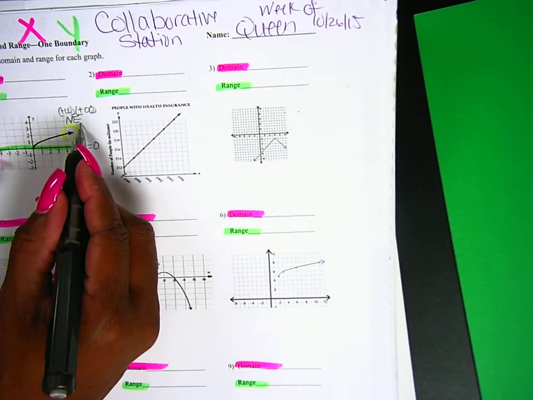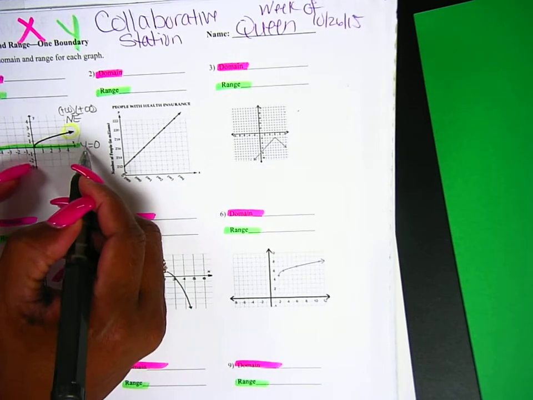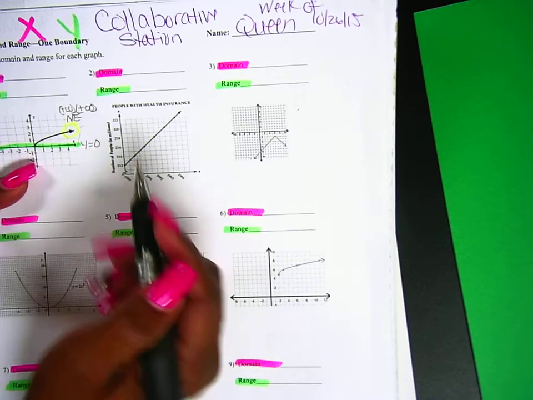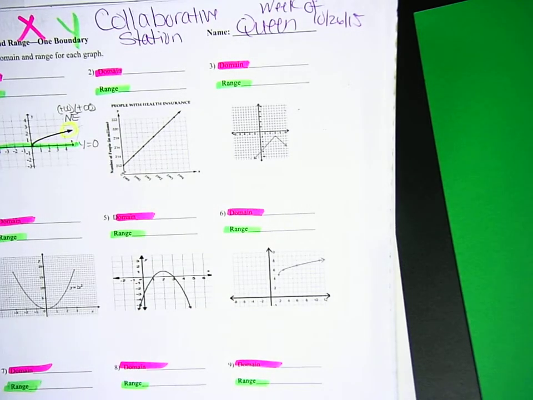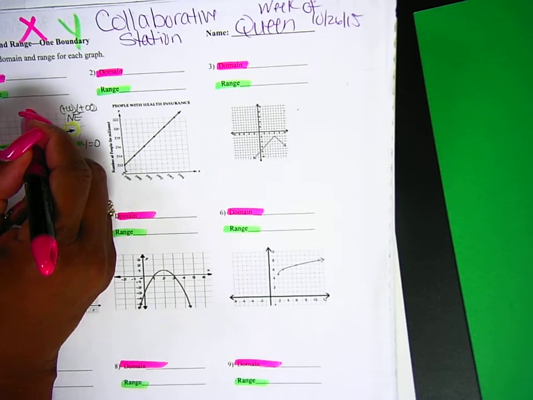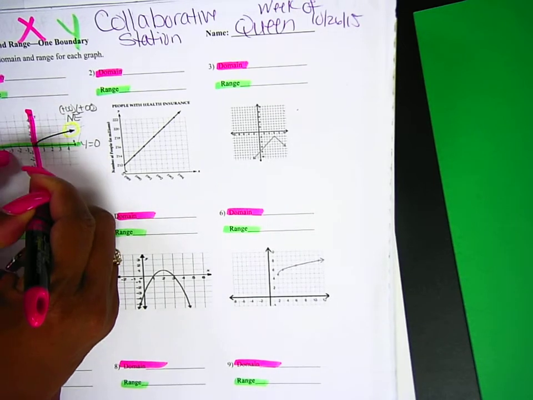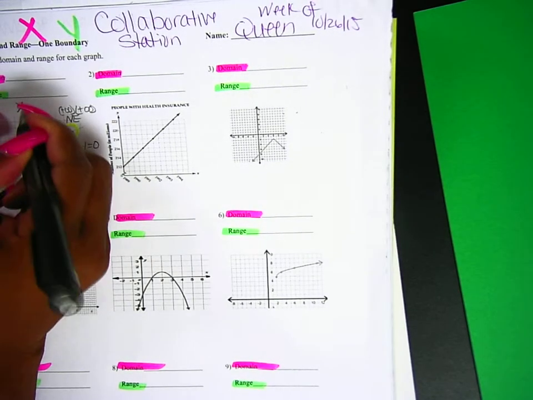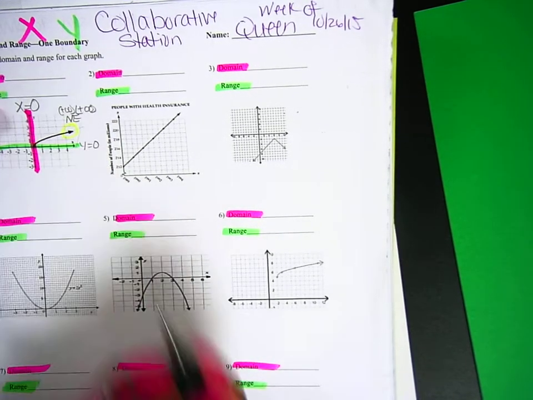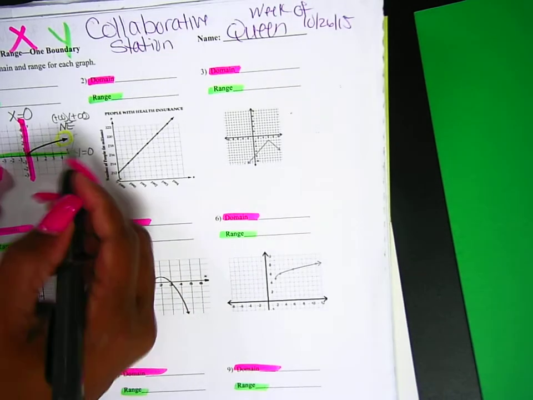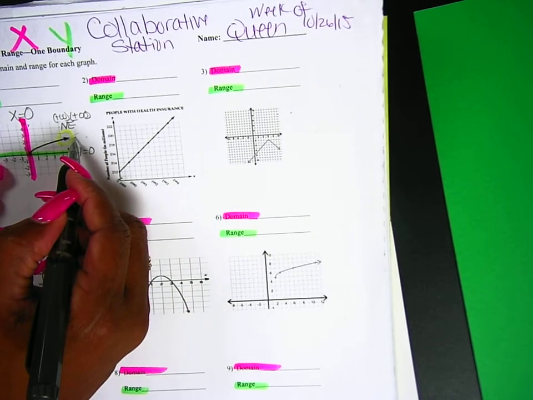It's going up, because it's going up to positive infinity. Then here it stops for the x. So here I have x equals 0. So my domain here is going to go on forever and ever in this direction.